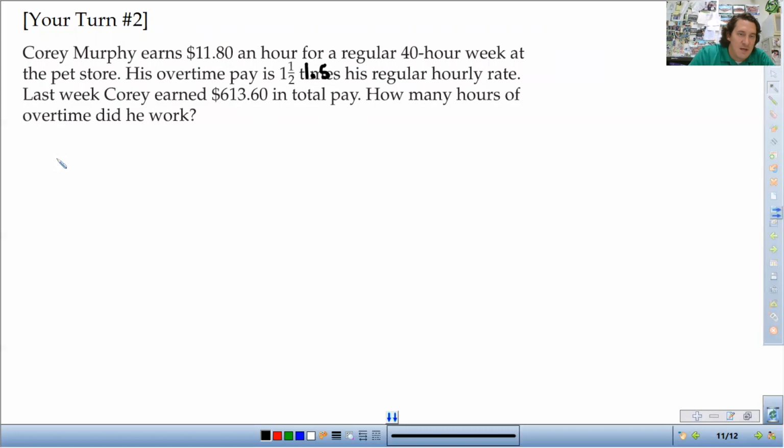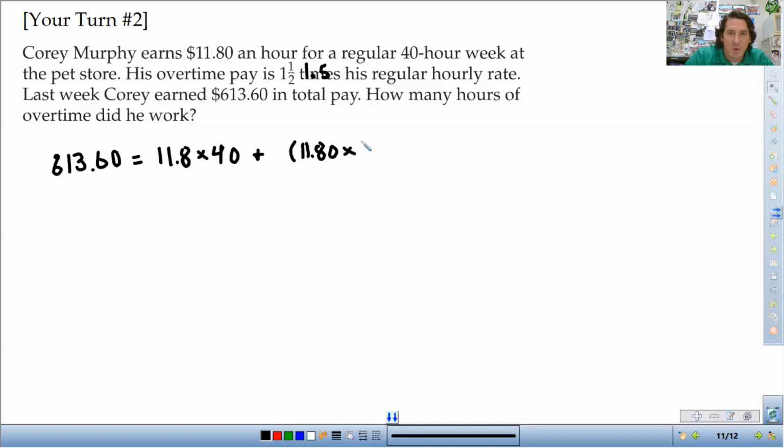So $613.60 is going to be equal to the straight time pay, which is $11.80 times 40, plus overtime pay, which is $11.80 times 1.5 times H, and we're trying to figure out how many hours he worked.